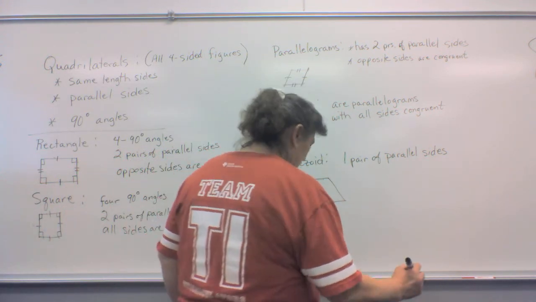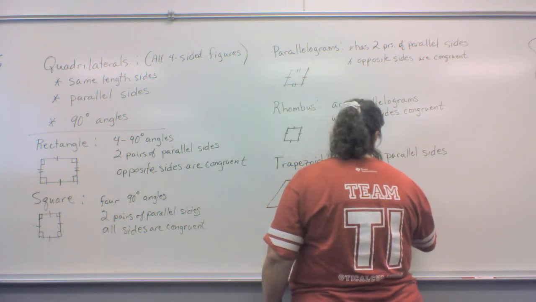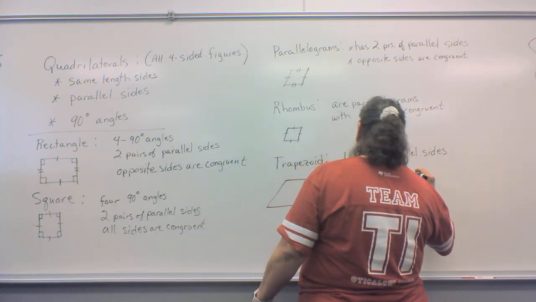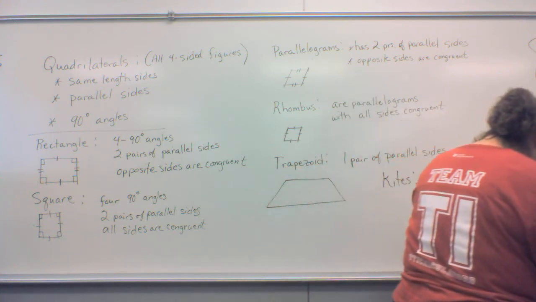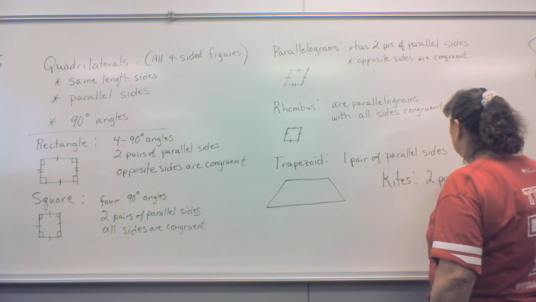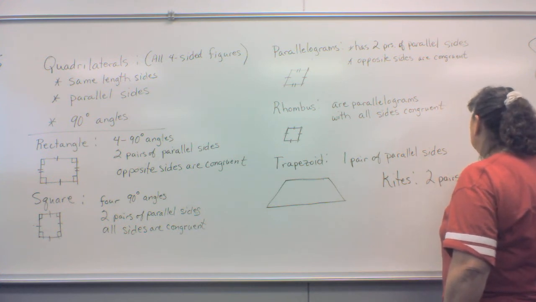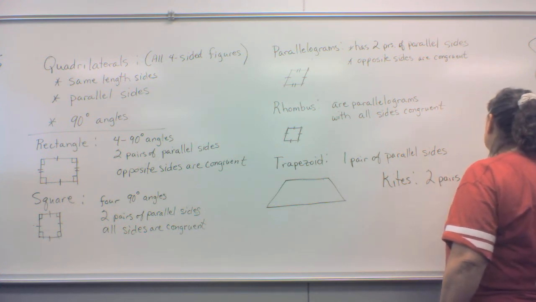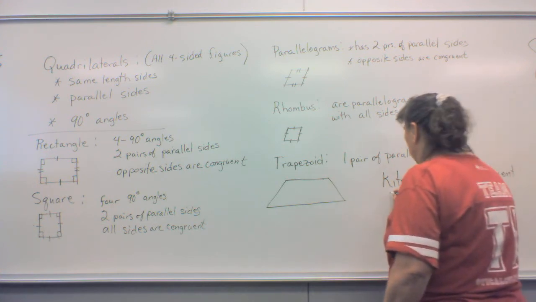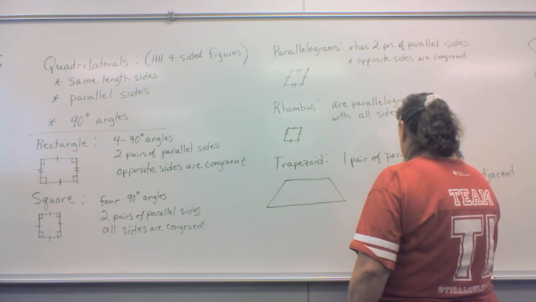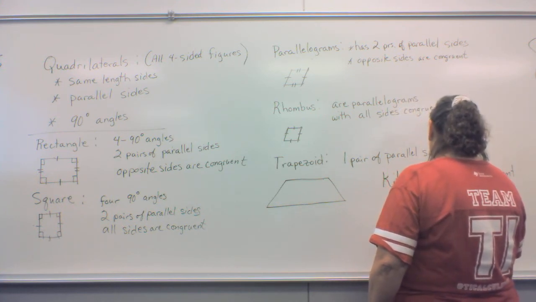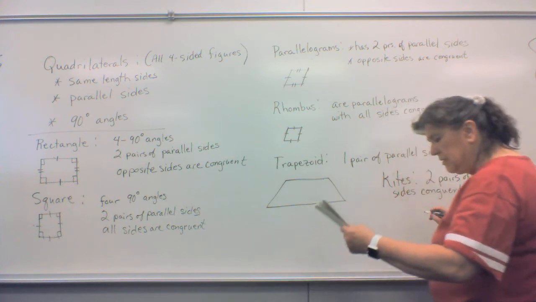One more we're going to go into, it's called a kite. What do kites have? Kites have two pairs of adjacent sides congruent. That's one of its factors.